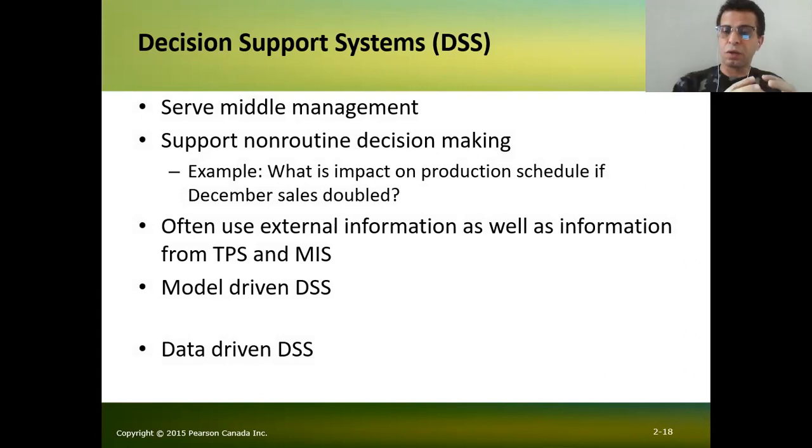These approvals can be set automatically by the middle management, or partially, and some of them have to be approved. This is where the decision support system utilizes certain applications plus the MIS and the TPS. So when we talk about TPS, we always talk about the routine processes.